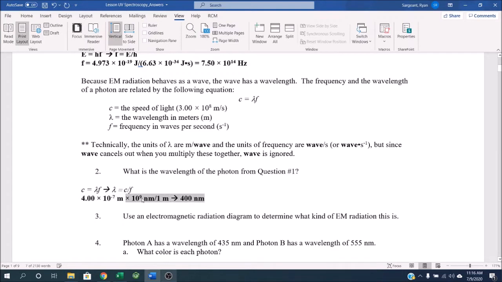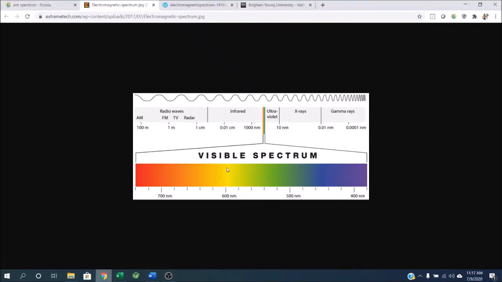The reason that I wanted this in nanometers was so that I could then look at a typical electromagnetic radiation spectrum. Spectrum is a better term for this, and I know that because I just Google searched it. So here is a typical visible light, electromagnetic radiation spectrum.